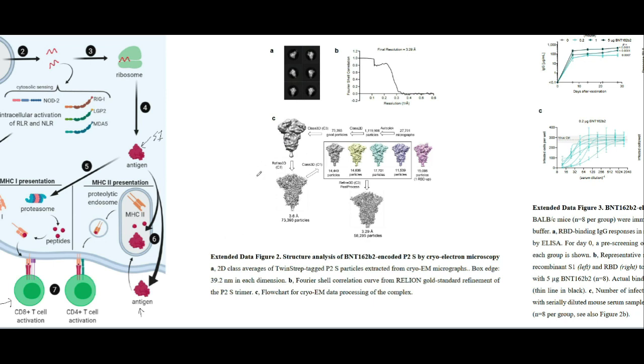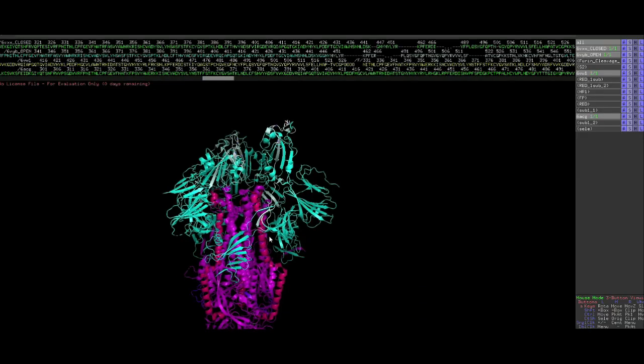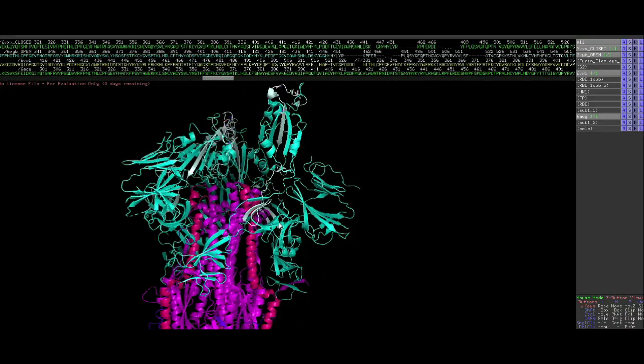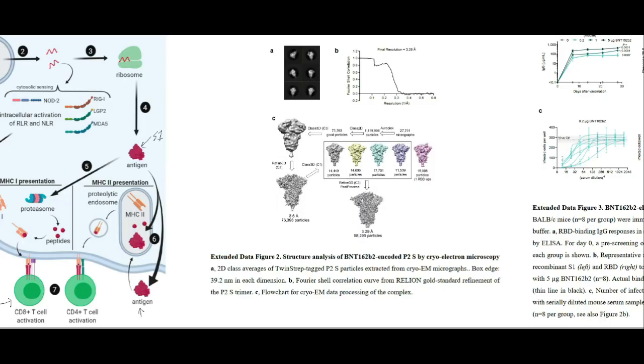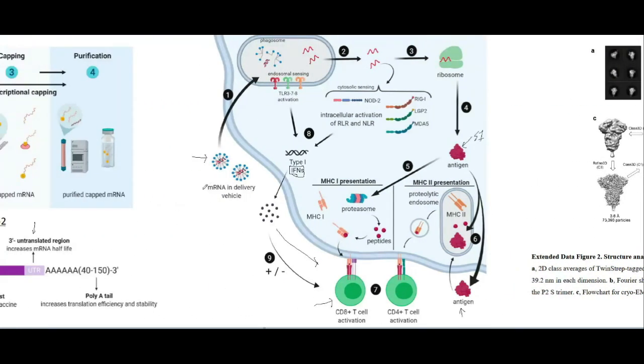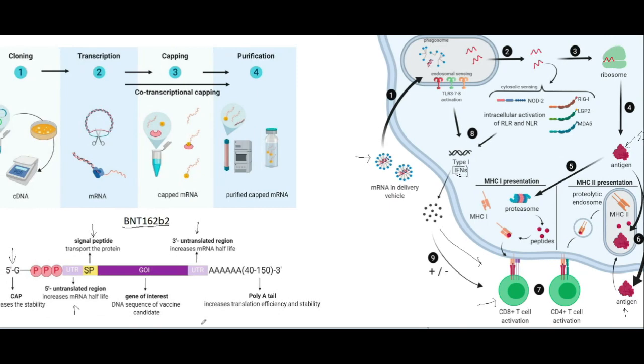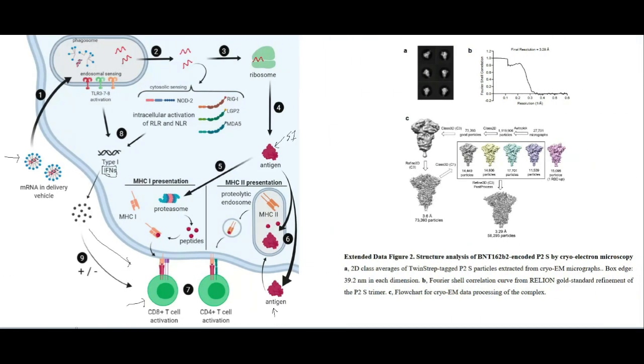So I couldn't compare it directly with this, for instance. But we can see this has this bulged top shape, and so does this. So at first glance we can see that these are similar in structure to our spike S1 protein, which is what this BNT162b2 mRNA is actually coding for.